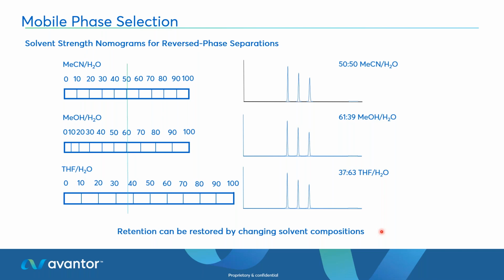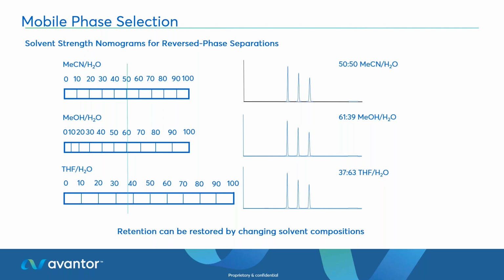What tends to happen in reality is there'll be some other interactions because of those different solvent properties that then move our peaks slightly. But if you're just trying to match up the solvent strength, then this is the best way to do it, looking at these nomograms and making sure that for weaker solvents you use a higher percentage of the organic modifier, and for stronger solvents, of course, you can use less, and that will achieve approximately the same retention.